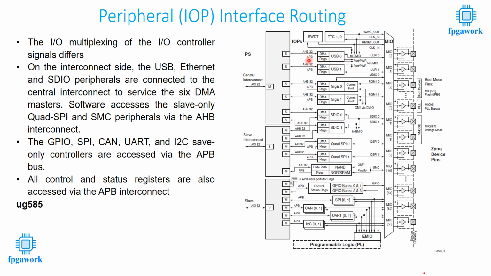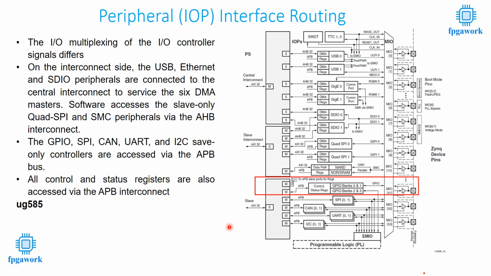It also has an APB bus protocol, but this low data rate bus protocol is used to configure USB. If we talk about low data rate applications, I/O peripherals like UART are directly communicated with the PS via the low data rate bus protocol, APB.